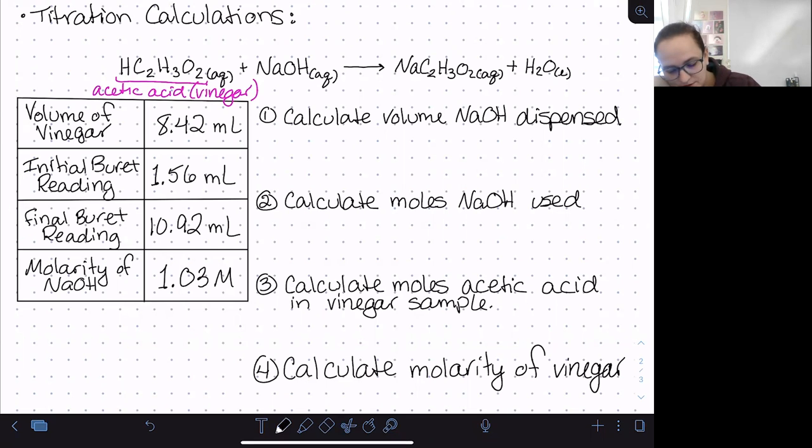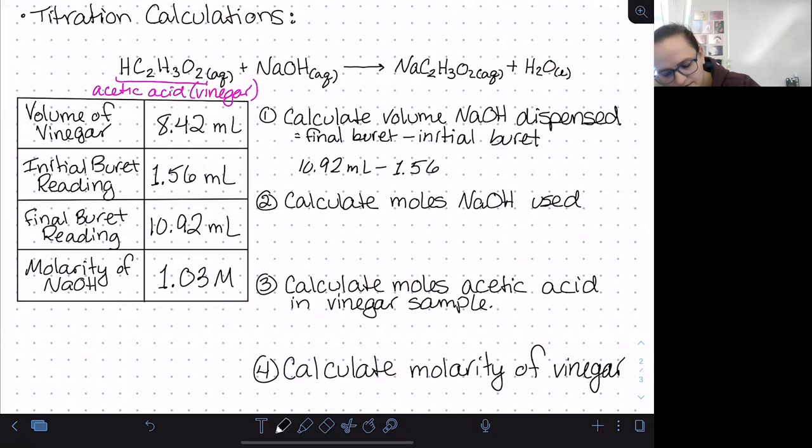So this is just our final burette reading minus our initial burette reading. So for us, with this example, I'm going to do 10.92 milliliters minus 1.56 milliliters, which gets me 9.36 milliliters.